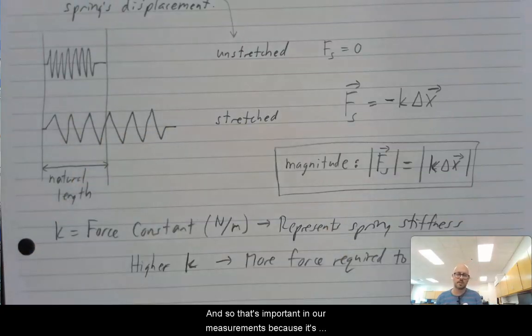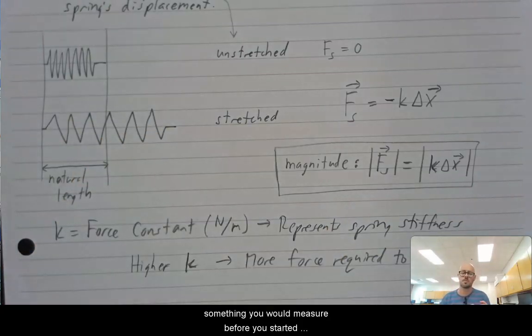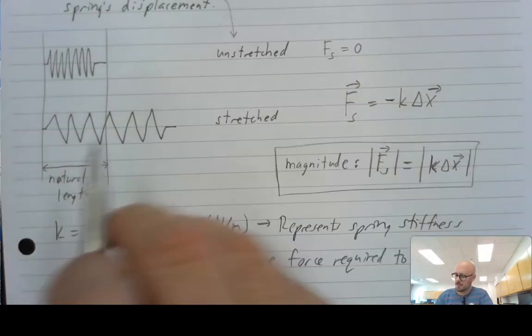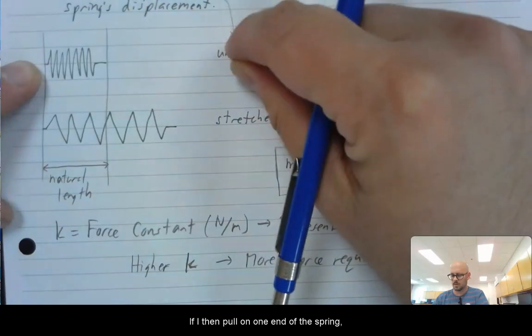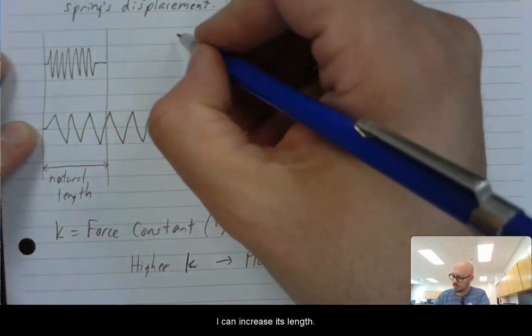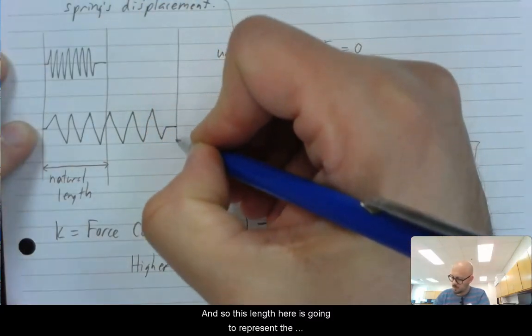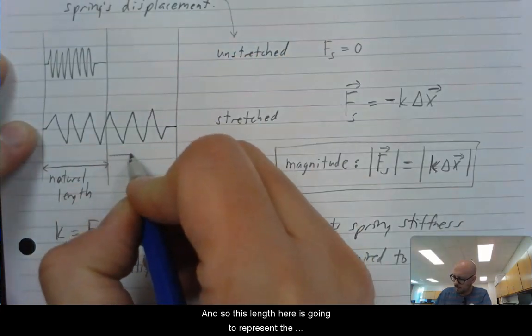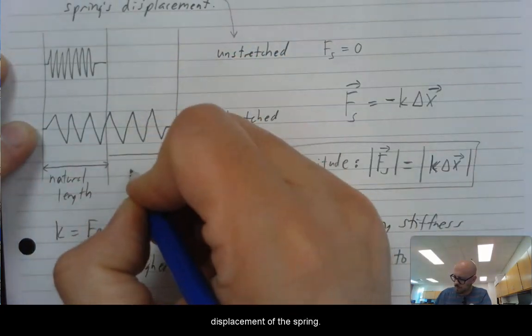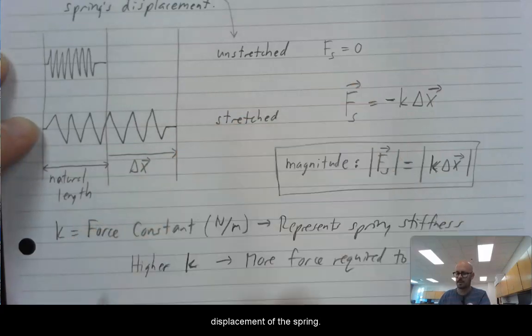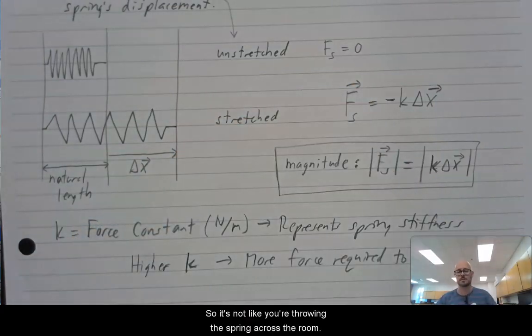And so that's important in our measurements because it's something you would measure before you started to use a spring. If I then pull on one end of the spring, I can increase its length. And so this length here is going to represent the displacement of the spring.